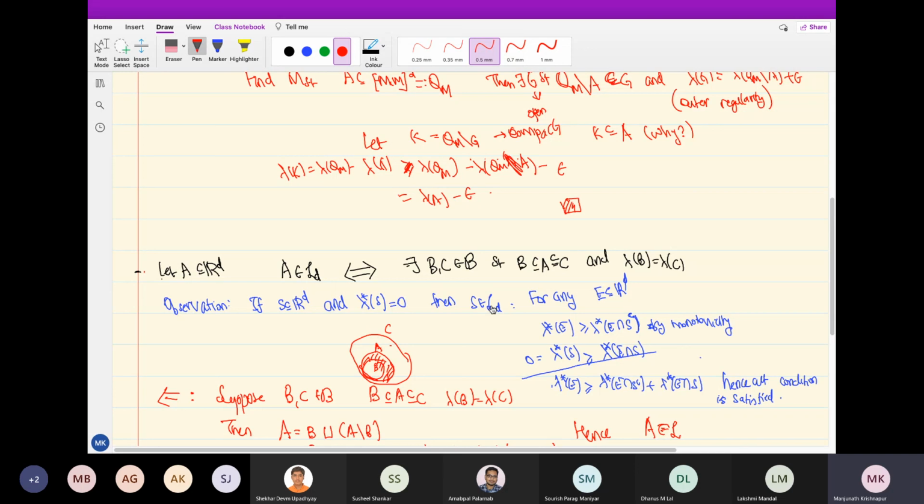Sir? Yes. In Homework 2, question number 3, I think one notation mistake is there. F equals sigma A. I think that would be sigma S. One second, let me go to the Teams and see. All right, I have it on my computer. Homework 2. Okay, so which problem?